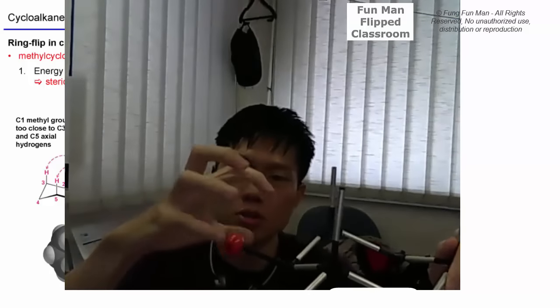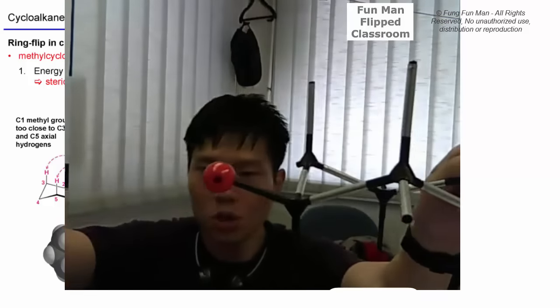Suppose your Br group is huge, because it's in period number 4 of the periodic table. Huge electron cloud compared to the size of hydrogen and carbon. So it's actually this big. Don't let this small ball deceive you. If I put it here, it's great because over here is a lot of space. It's not interacting with anything.